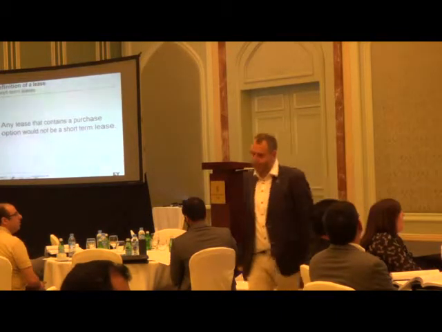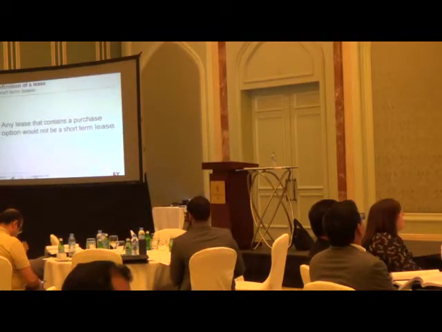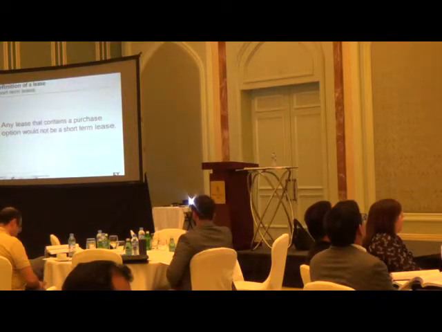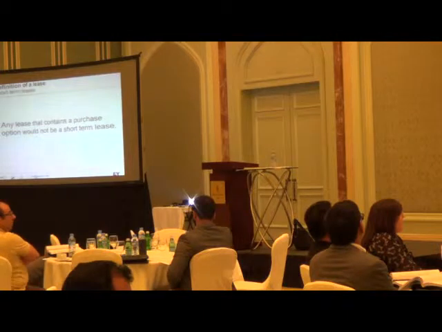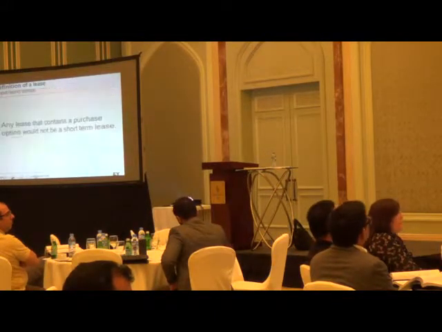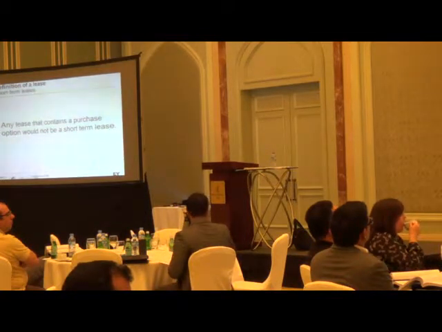Any lease which contains a possible purchase, no matter if it's a bargain purchase or not, is not going to be treated as short term. So every lease which has a purchase option in it, it doesn't have to be a bargain purchase, is not going to be short term. For those, you need to decide if they are type A or type B leases. That's not hard, right?